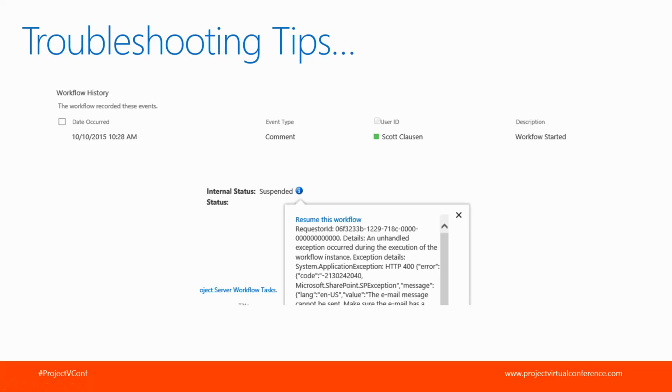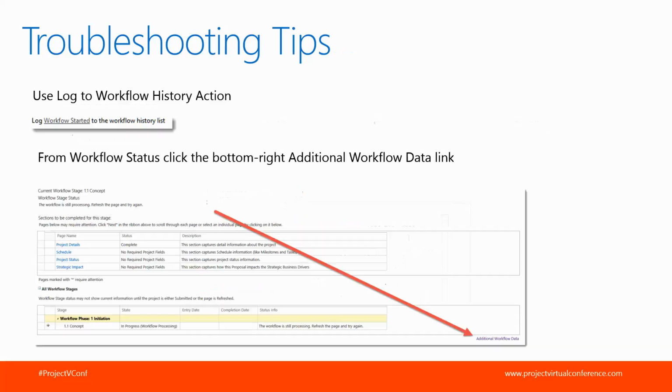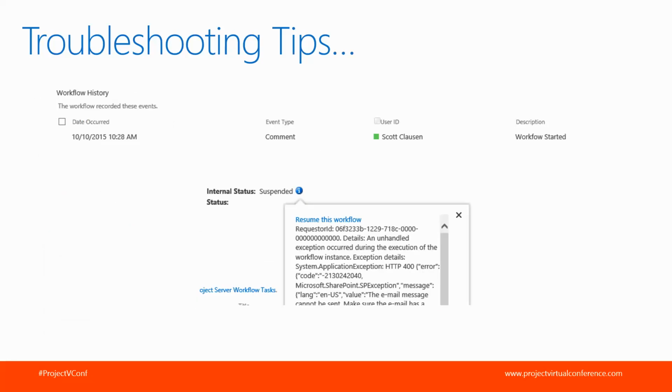And this is really, for Project Online, your only area to review details on workflow crashes. So the two tips here as you're troubleshooting are use the log to workflow history, and then come to the additional workflow data page and check for any suspended workflows, what messages you might have.